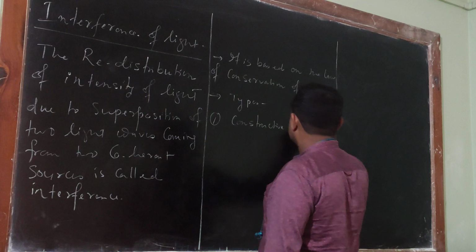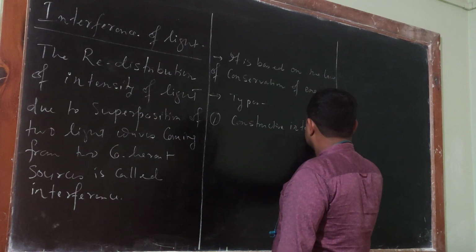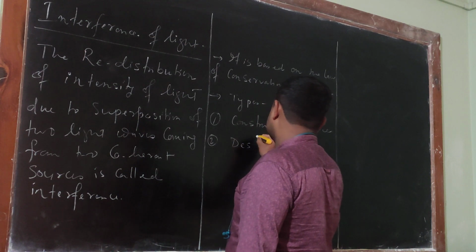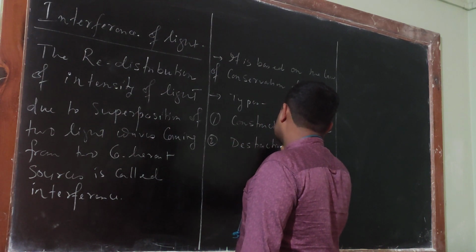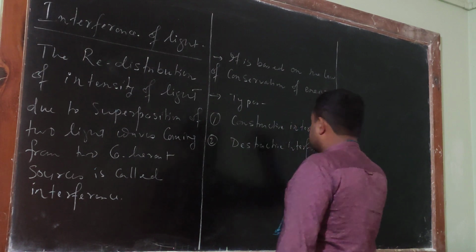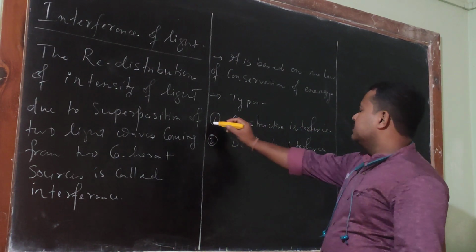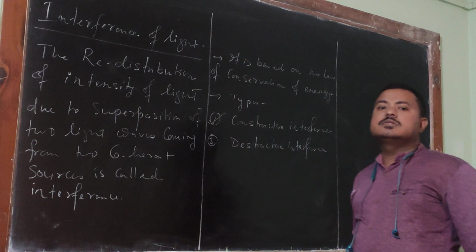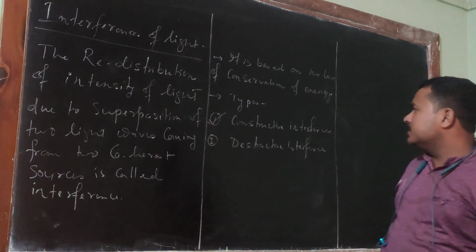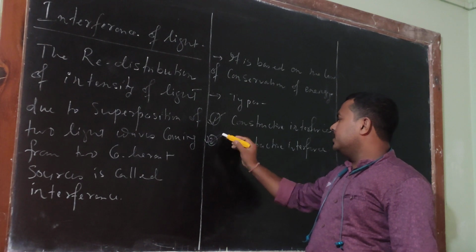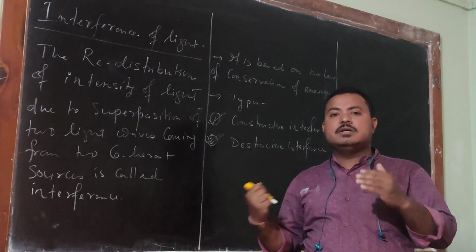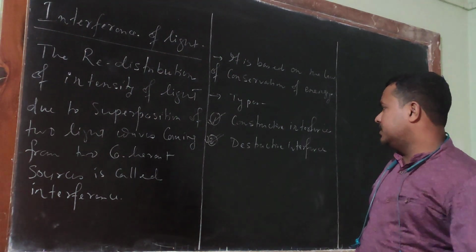Another is what? Destructive interference. So constructive interference, where the resultant intensity is maximum, means the waves meet in same phase, and destructive means what? Where the resultant intensity is minimum, means here the waves meet in opposite phase.